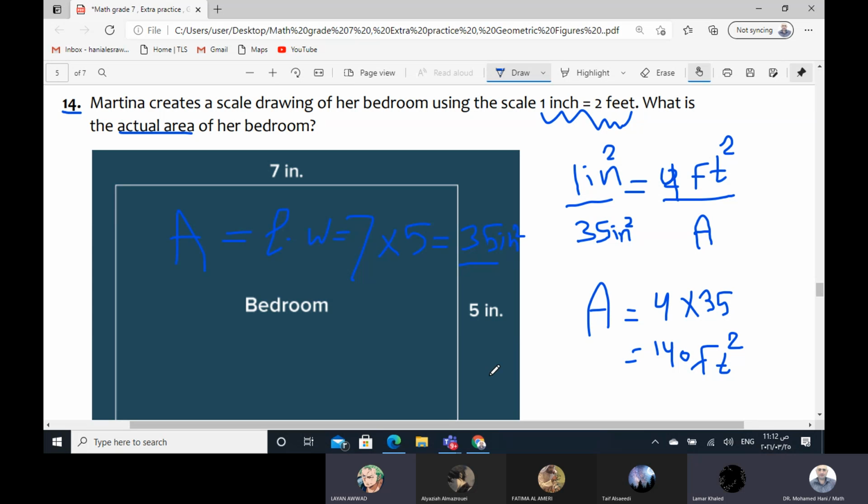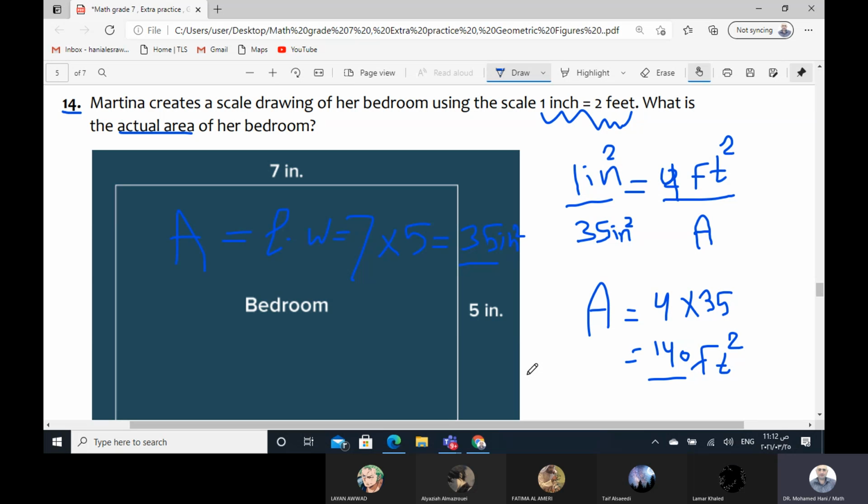Mister, I did it differently, but I got the same as you. I did 1 inch over 2 feet times 7 over the length, and the same for the width, and then I multiplied them together. You get the same answer? Yes. No problem. 140 feet squared. You just changed the ratio, but it's the right ratio, no problem.